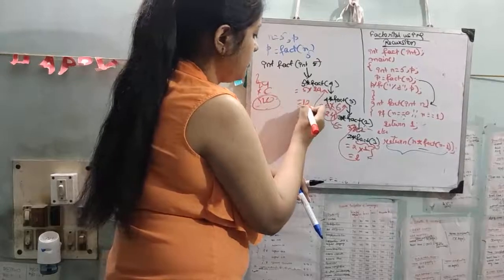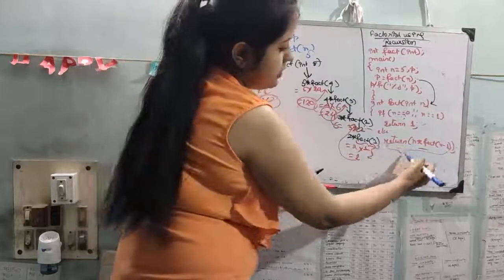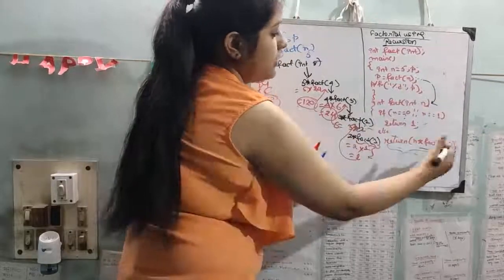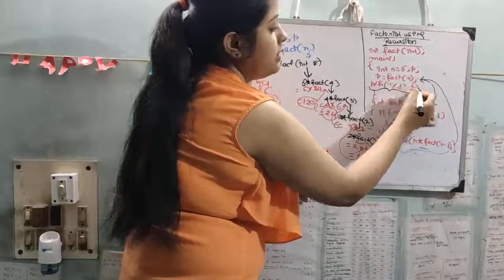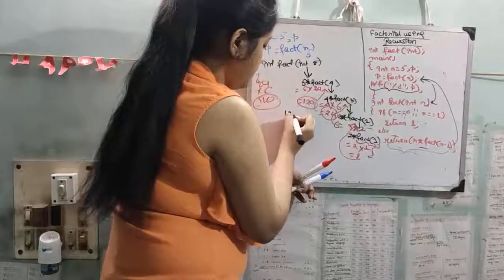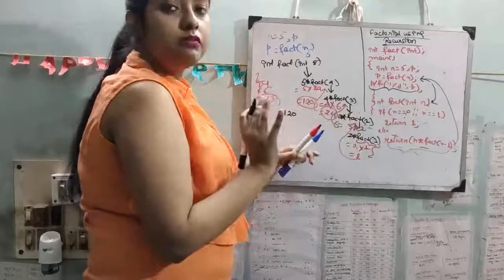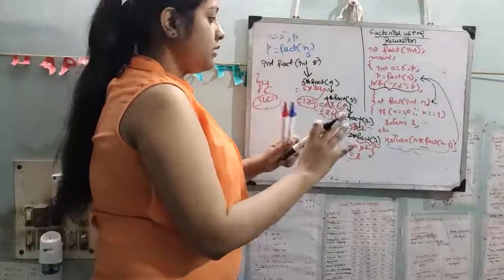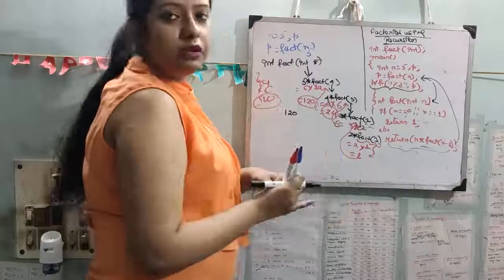See, 120 is there. This return is returning 120 here, and now printf prints it. Now 120 is printed. Basically this is using a stack, but I have used it like this. I will do the stack or tree method also, both ways. In later programs it will be bigger than this program, and it will be clear.